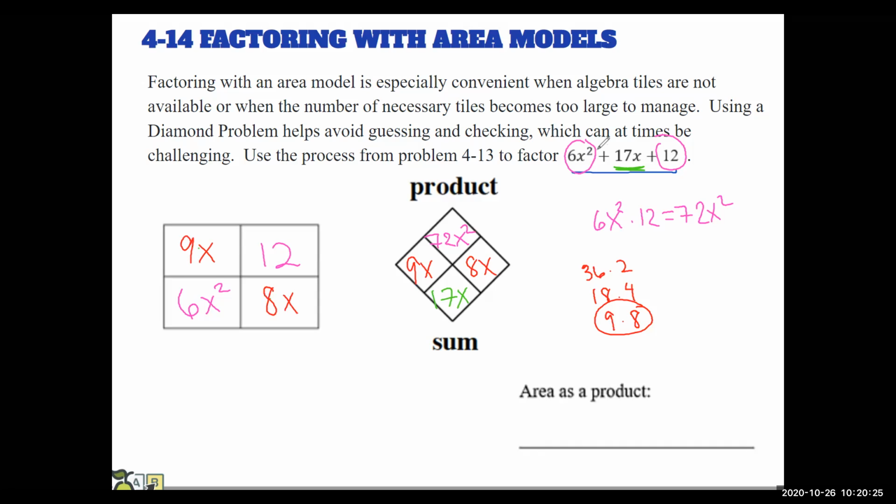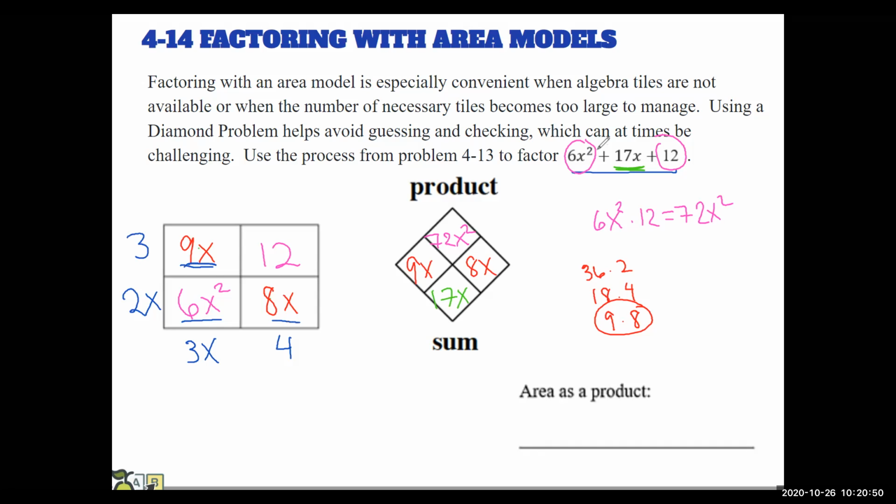So I notice that 9x and 6x squared both are divisible by 3 and by x. And then to make 6x squared, 3x times 2x would make 6x squared. And I know that 2x times 4 would make 8x. And I know that 3x times 3 would make 9x.